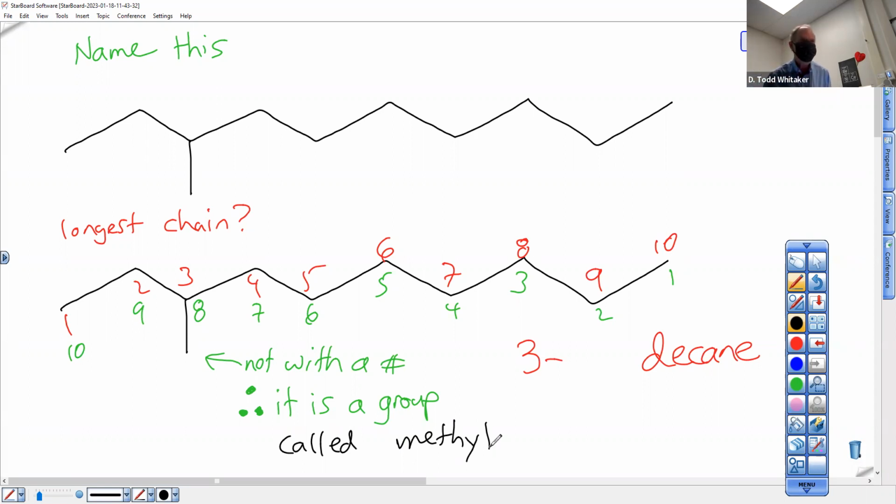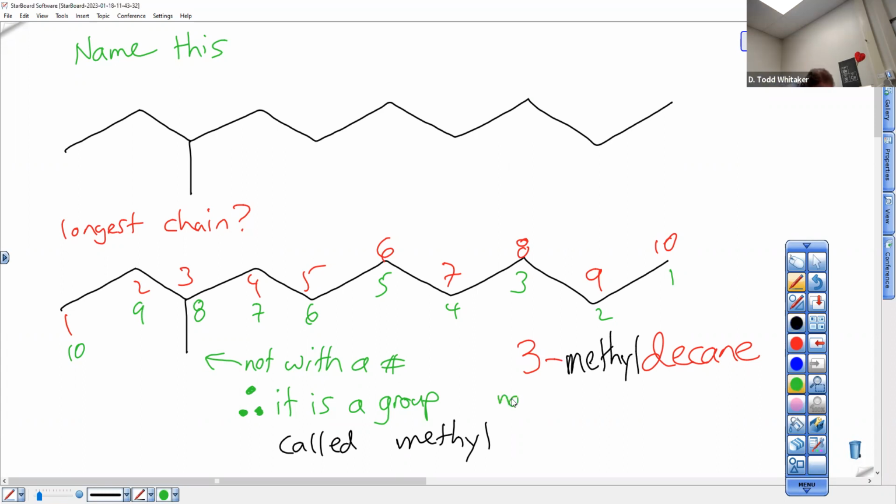Don't call it pentane, it's a group. Pentyl. Groups end with yl. When you see yl, you know, hey, that's not one of the carbons in the chain. So 3-methyldecane. Whoops. My L ran into my D. There we go.